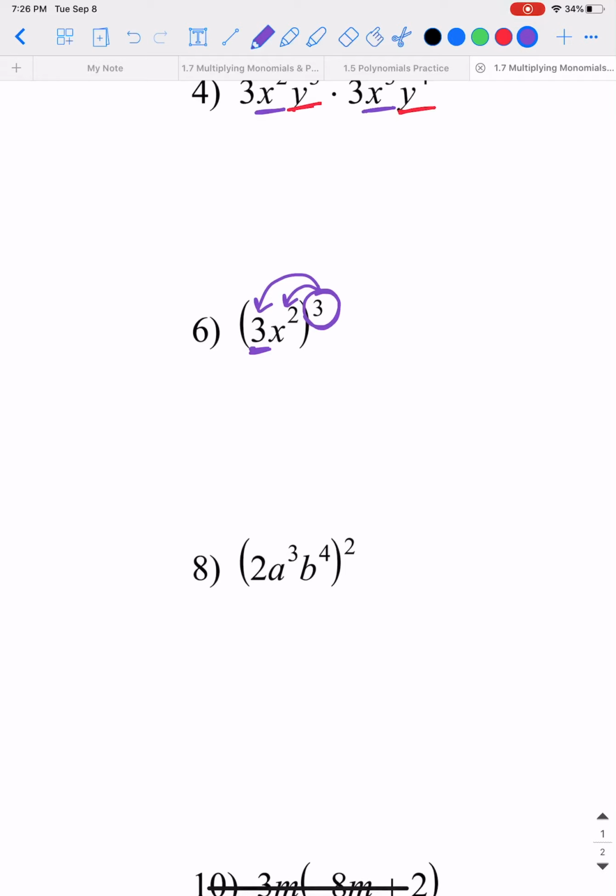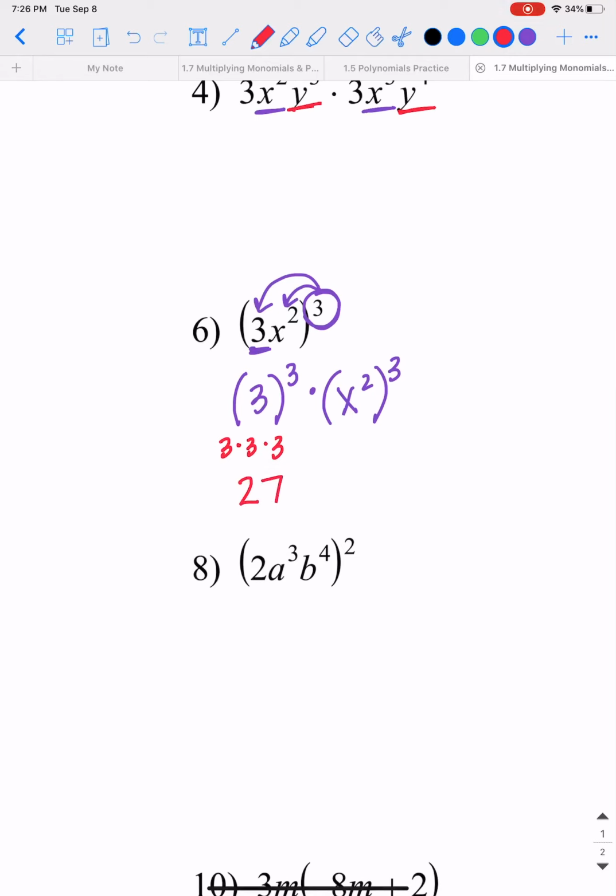So on number 6, if I were to rewrite this problem in expanded form, we would really be doing 3 to the 3rd power times x squared to the 3rd power. If you don't know what 3 to the 3rd power is, remember this really is just 3 times 3 times 3, which would give us 27. You can plug that into your calculator.